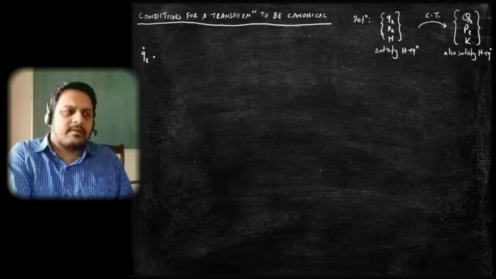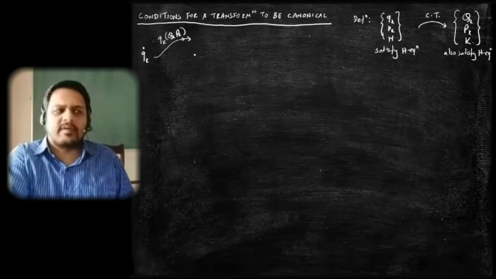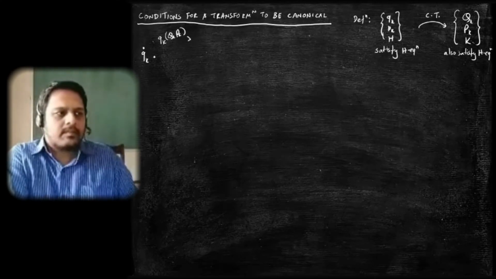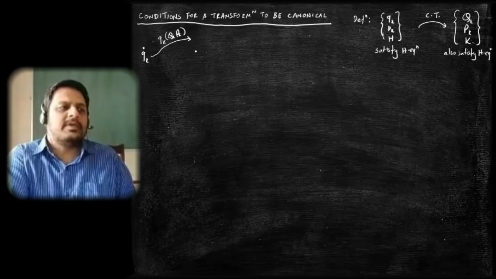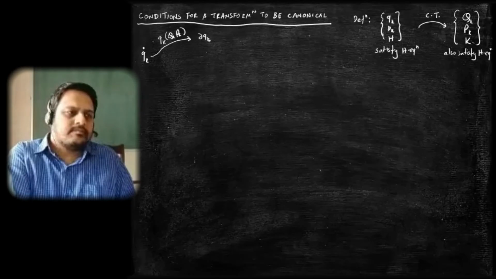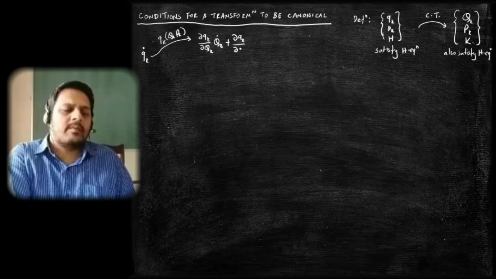If you treat qk as a function of capital Qk and capital Pk, which is what the canonical transformation is about, then qk dot will become the partial of qk with respect to capital Qk times capital Qk dot, plus the partial of qk with respect to capital Pk times capital Pk dot.